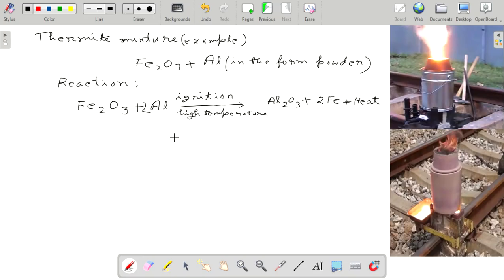In this reaction, Fe is extracted from its ore Fe2O3. This is the thermite reaction.